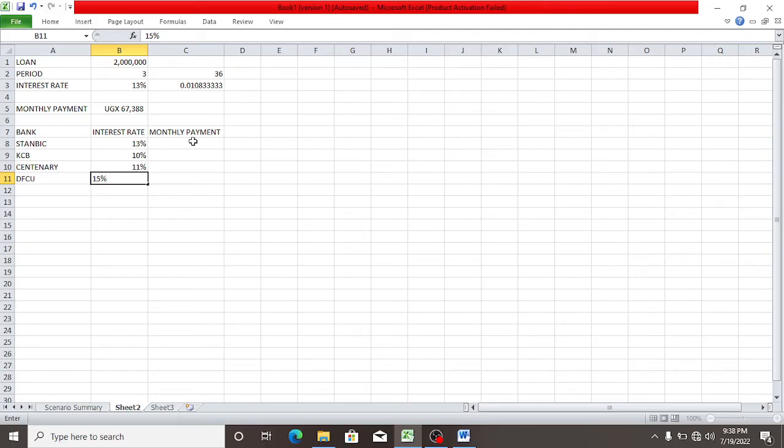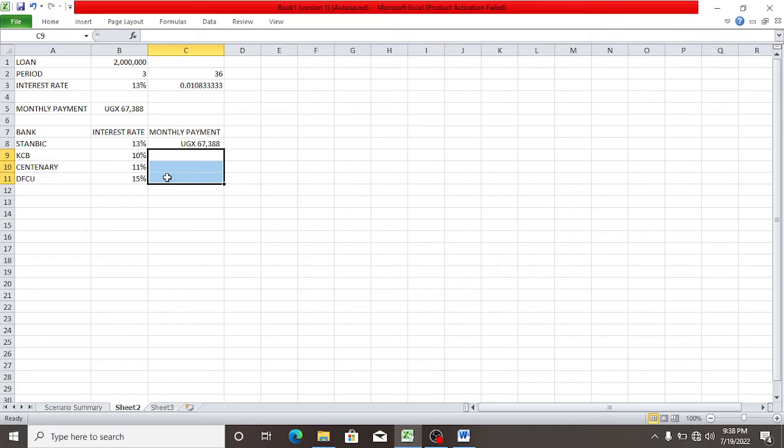Okay, so we have the monthly payment for Stanbic Bank, so it's going to be an equal sign and the value in this cell, which is 67,388.